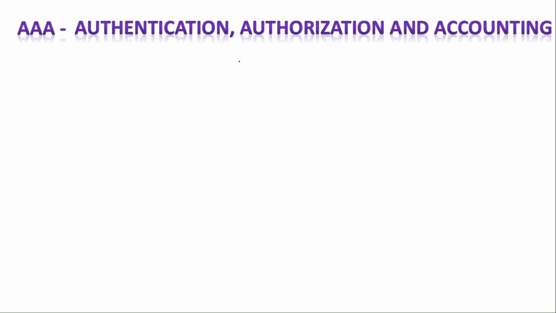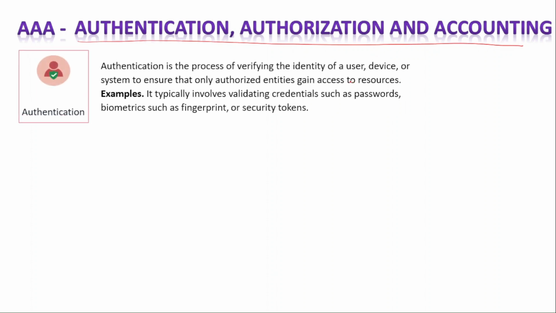Triple A, that is authentication, authorization, and accounting. As with the CIA triad, triple A are also very important concepts in information security. What is authentication? Authentication is the process of verifying the identity of a user, device, or system to ensure that only authorized entities gain access to resources.